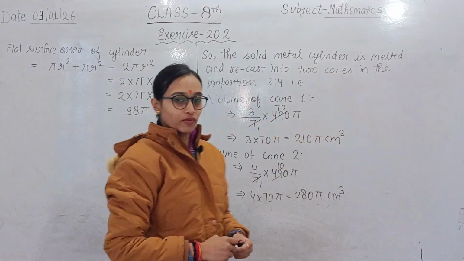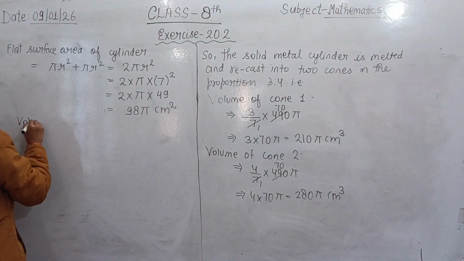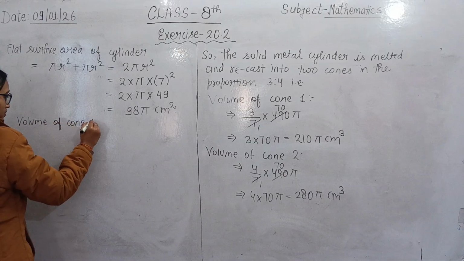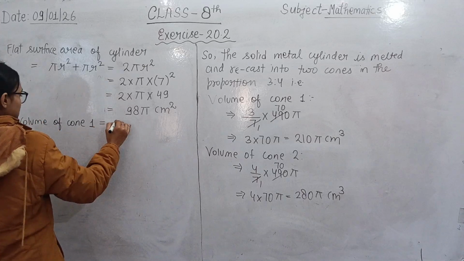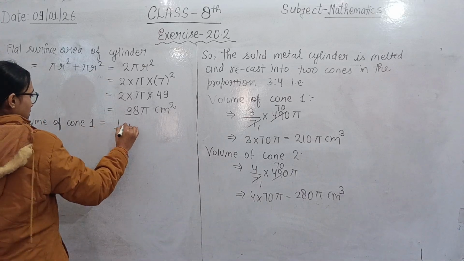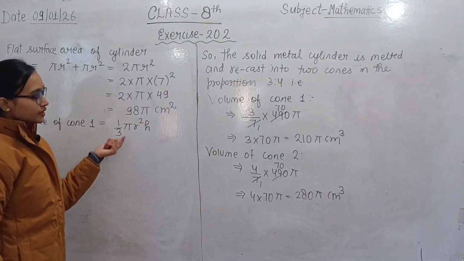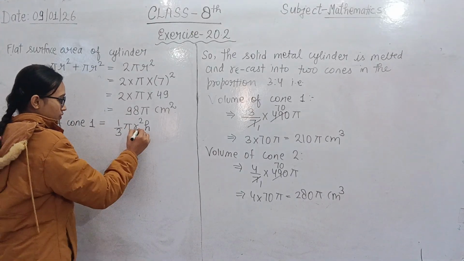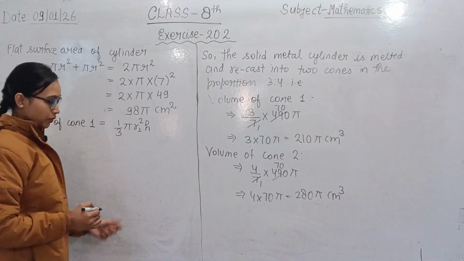Now we will calculate volume of cone first, that is volume of cone 1, and we know that formula of volume of cone is given by 1 upon 3 pi r square h. But in this question two cones are formed, so we don't get confused. We will name it as r1 square h.